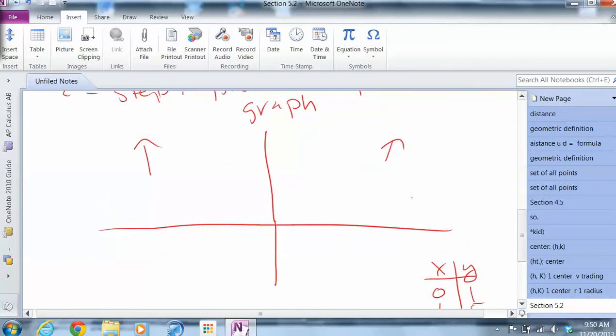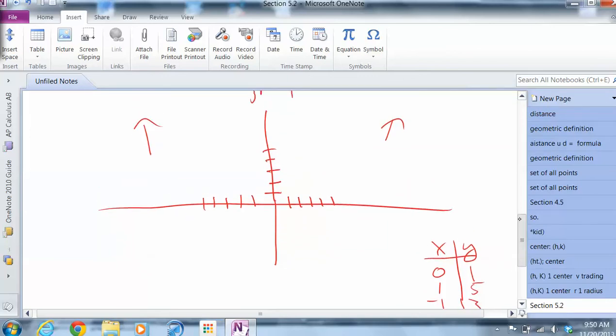But if I make a few tick marks, and it'll change colors.